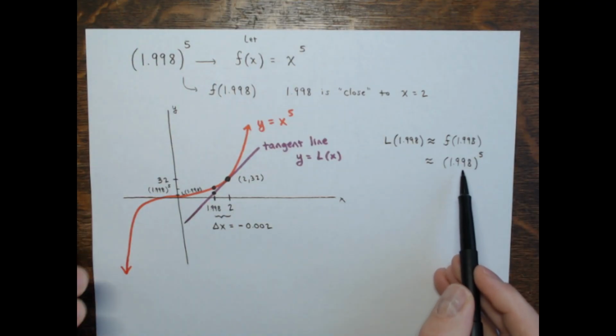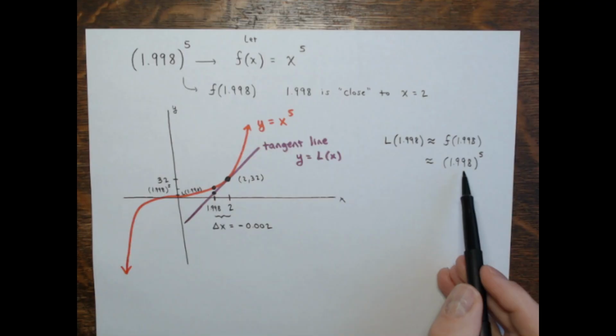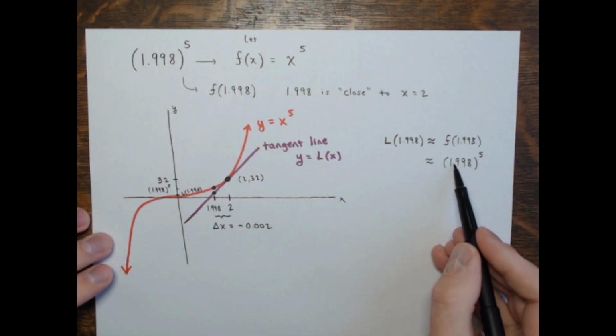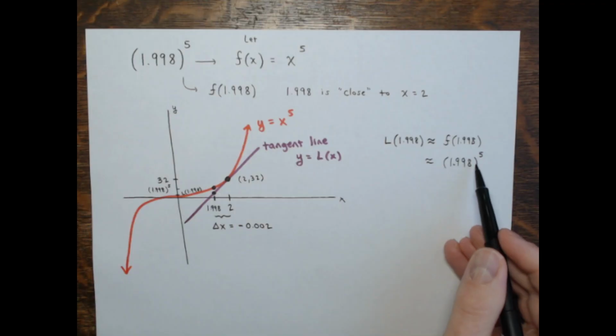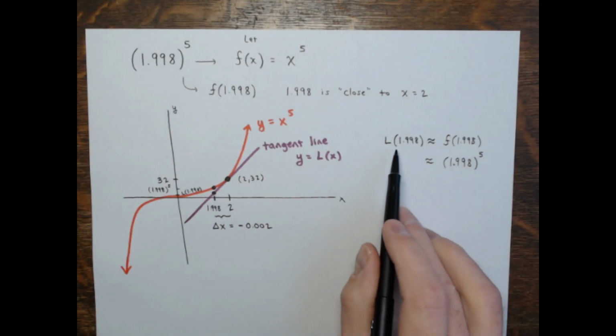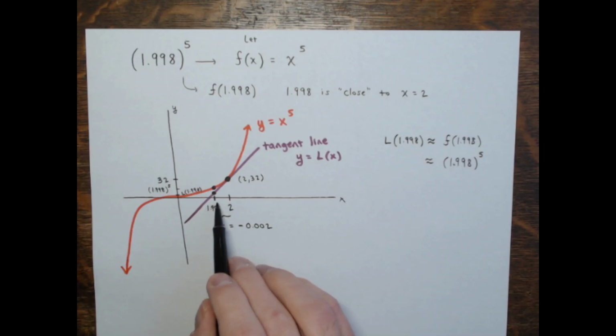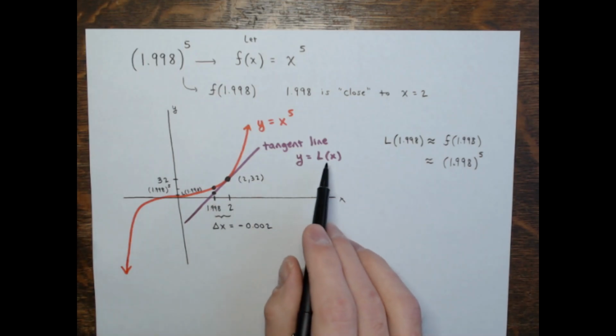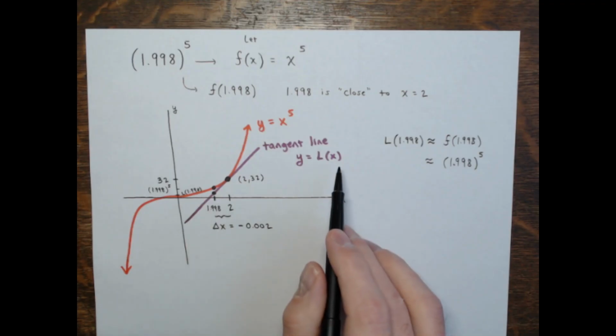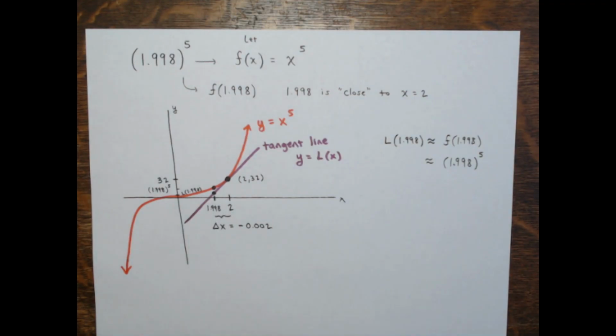So rather than multiply 1.998 by itself 5 times, I just need to find the equation for the tangent line here at x equals 2, which is near 1.998. And then we'll plug in 1.998 to the tangent line and get an approximation.